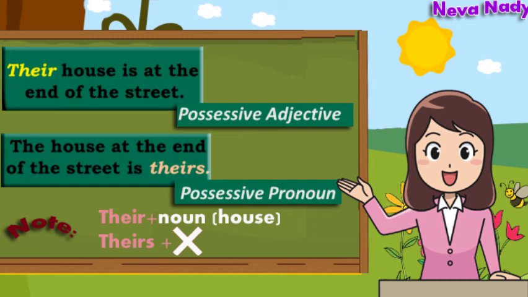Theirs is a possessive pronoun because it is not followed by a noun, and here you can see clearly the letter S that is connected only to possessive pronouns.